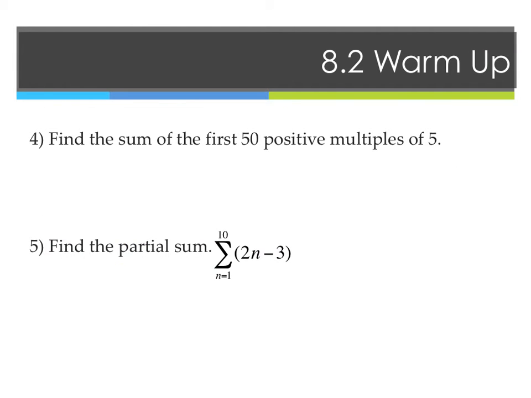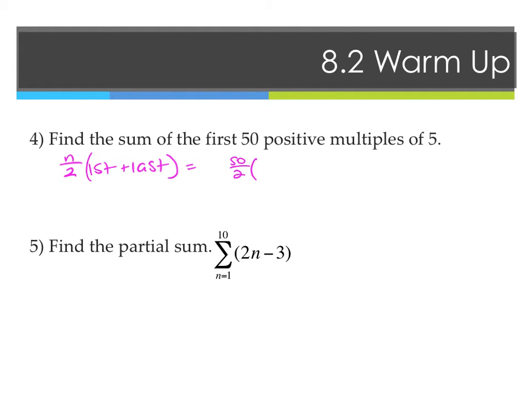All right, number 4, find the sum of the first 50 positive multiples of 5. So this is arithmetic because I'd be adding 5 each time. The number of terms over 2 times first plus last is what I want to do. What's the number of terms in the first 50 positive multiples of 5? 50.